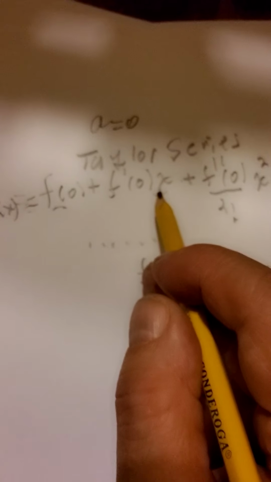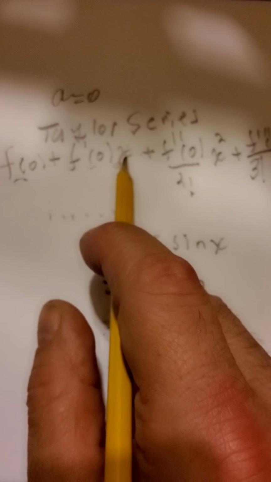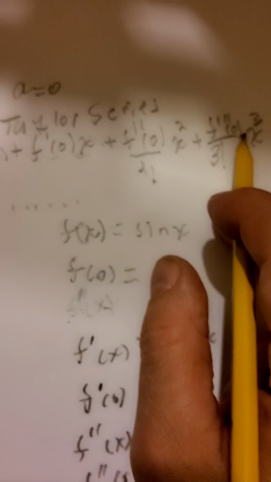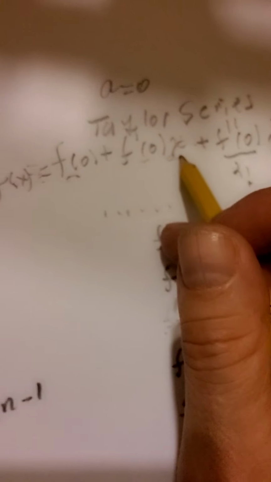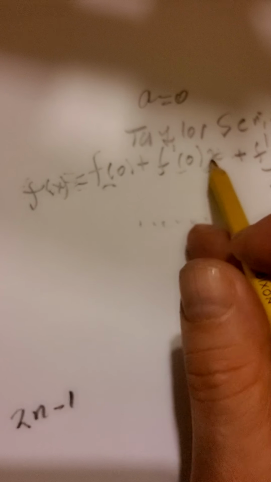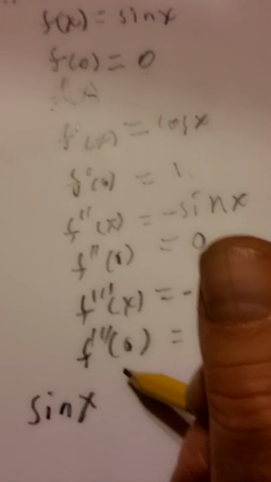And for my x's, the power of each x is going to be odd, so it's going to be 2n minus 1 for n. I can automatically generalize looking at this. f of 0 is 0, so I don't have to write it.